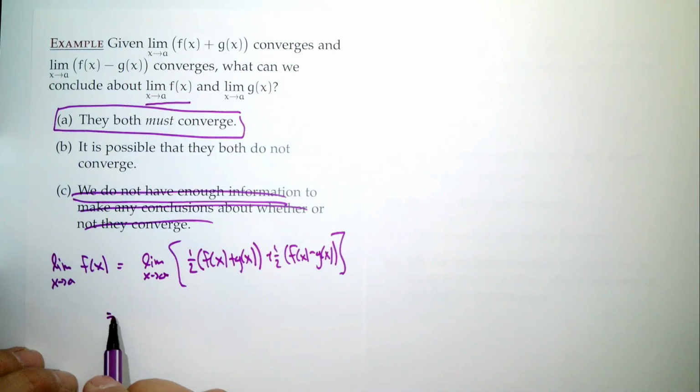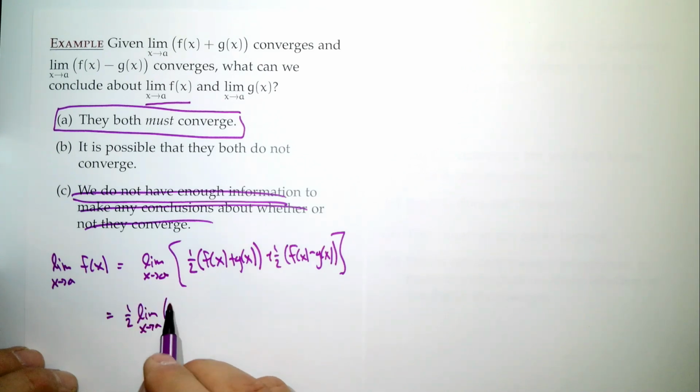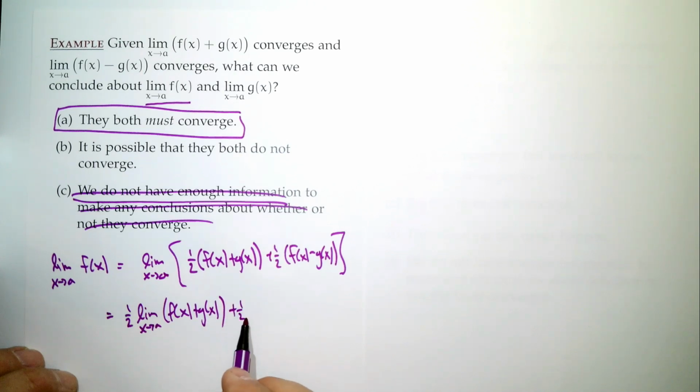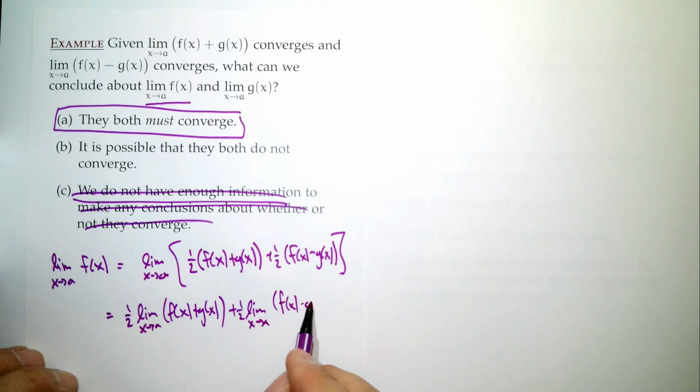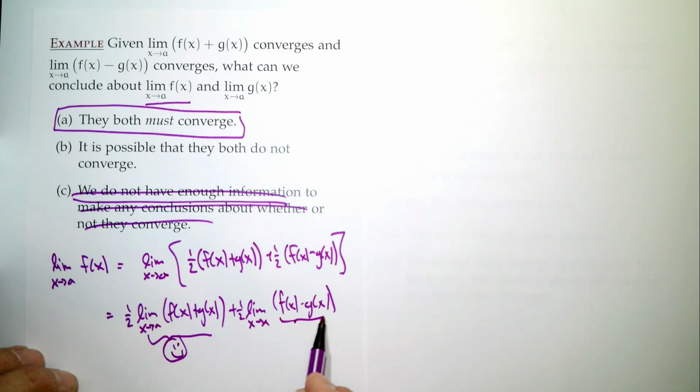So because of properties of limits, this becomes 1/2 of the limit as x goes to a of f of x plus g of x plus 1/2 the limit as x goes to a of f of x minus g of x. And this is good. We're happy with this part. And this is also good. We're happy with this part as well. And therefore, it's a number. It converges. The limit exists.